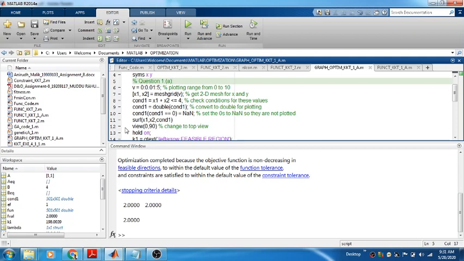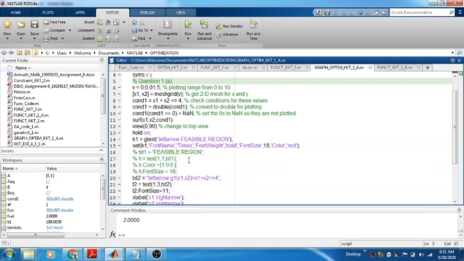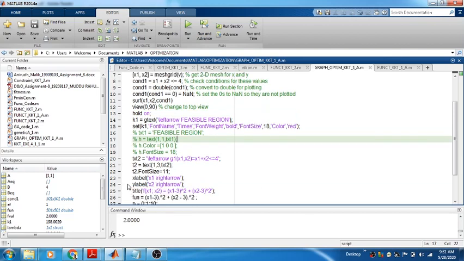So you can see it one by one. That is the surface contour you can see here. Now the next will be the function. What is my function?